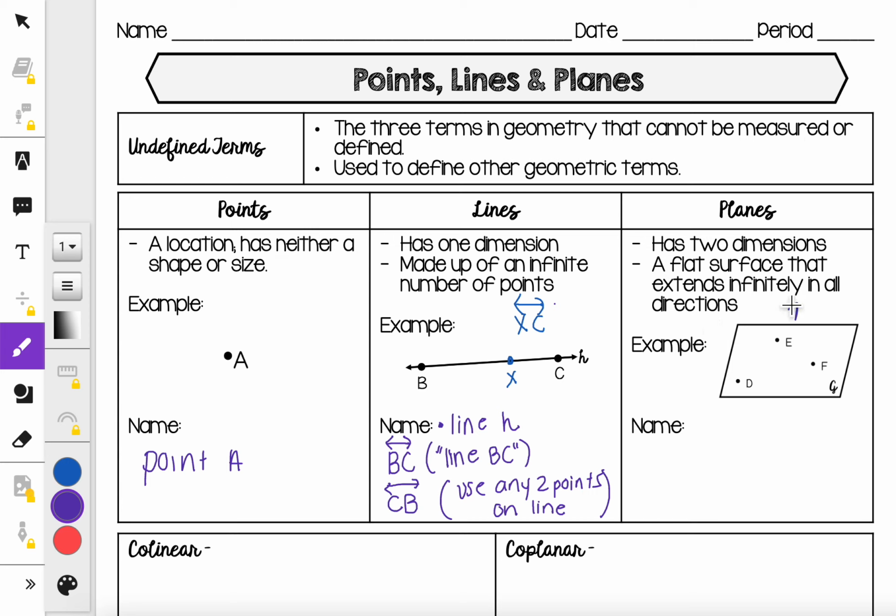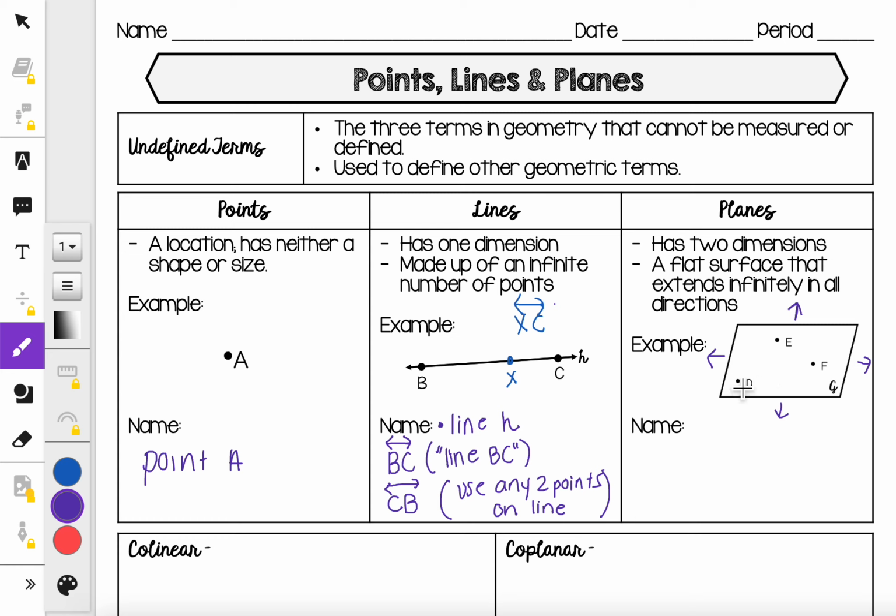We don't draw arrows here, but you can imagine that that plane is going in all of those directions. We use a parallelogram here to represent that this is a plane. Your plane is going to have an infinite number of points and an infinite number of lines on that plane.